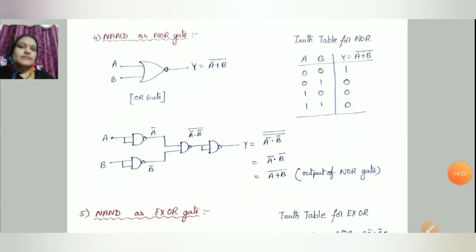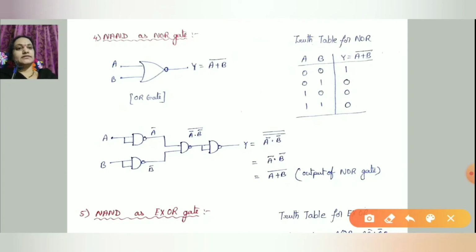Now let me explain the NAND gate as a NOR gate. According to the definition of NOR gate, the expression is the whole complement of the addition of two inputs.